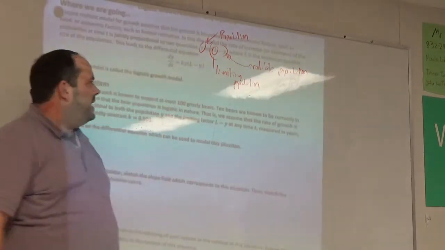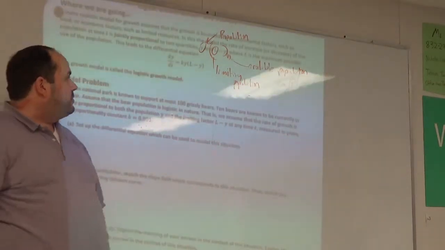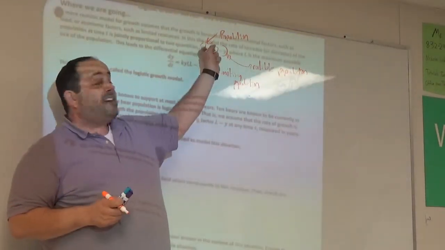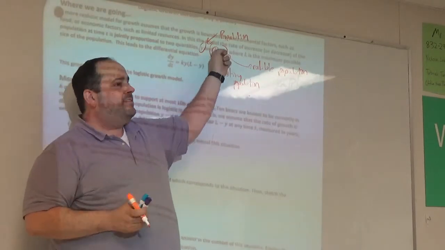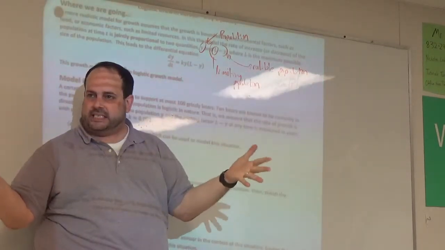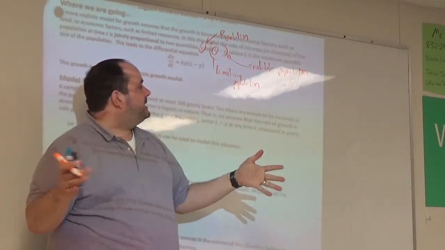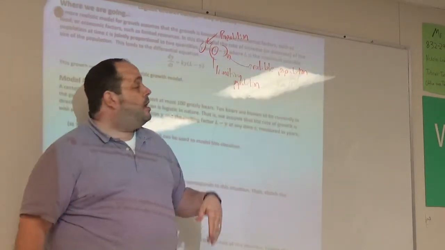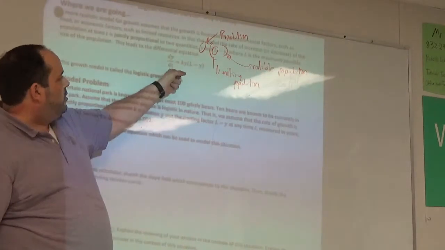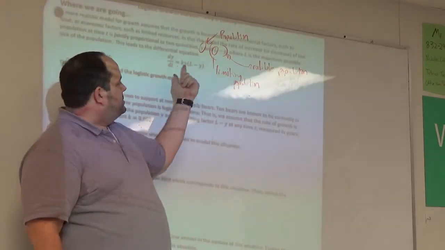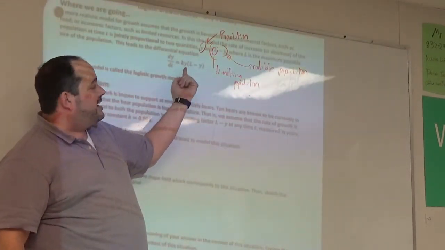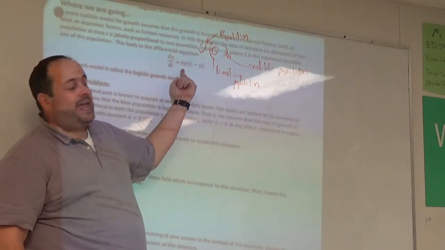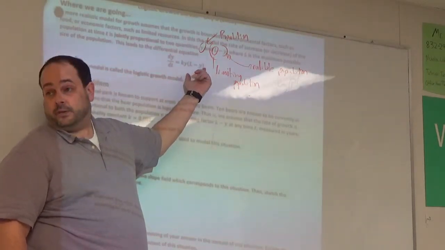So if I'm the emperor of Rogerberg, I've got a population, but I also have a maximum population I can sustain. We figured out that the maximum sustainable population is 10,000. What I'm saying is that the growth of the population is directly proportional to the product of the current population and how much is still left.